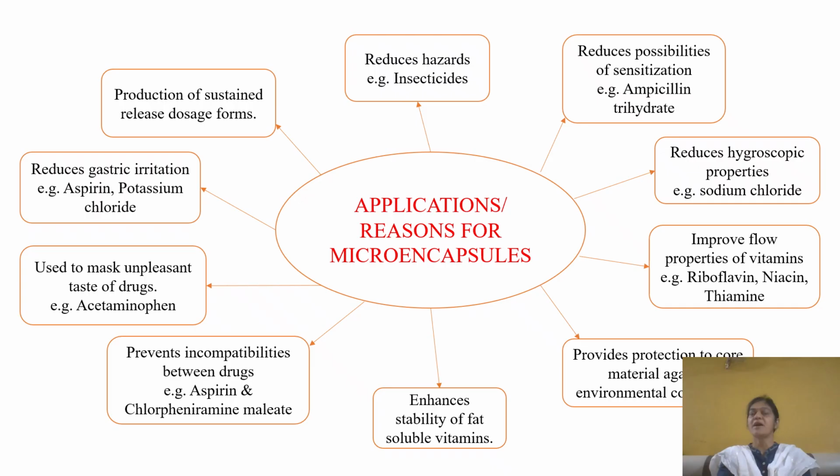Another one is that it has the property to mask the unpleasant taste of the drug. Acetaminophen is the example. If any gastric irritation is observed, for example, with aspirin and potassium chloride, that gastric irritation can be reduced. Then it will provide the sustained release type of dosage form.